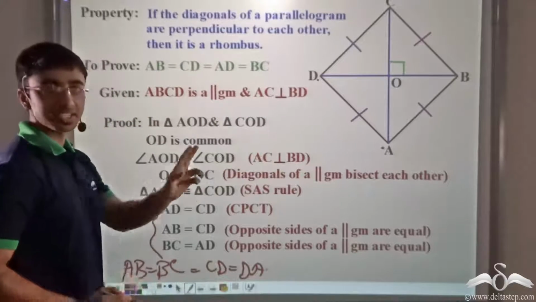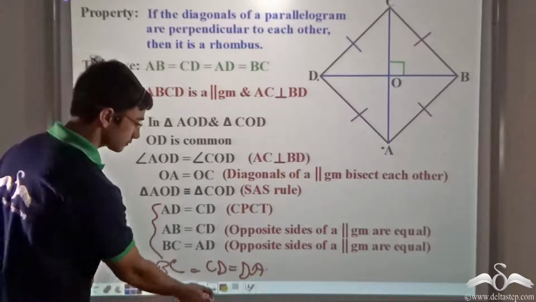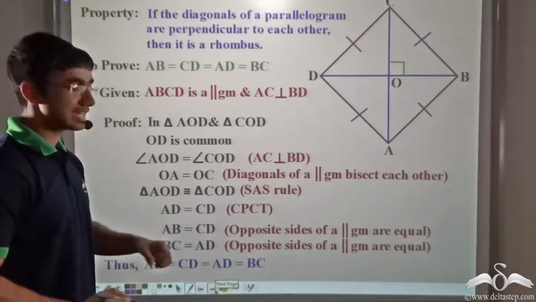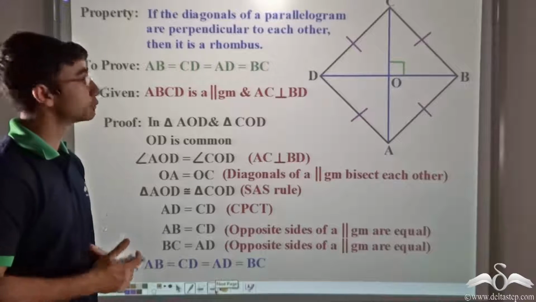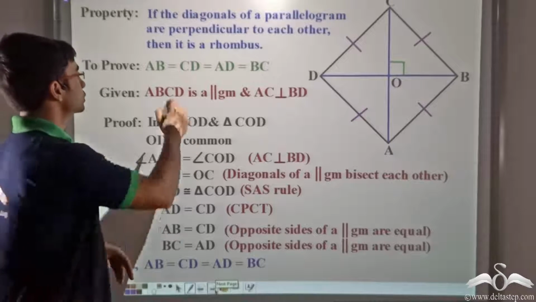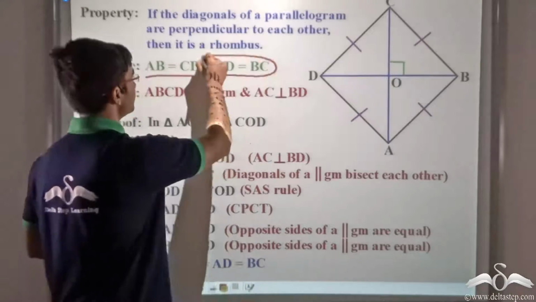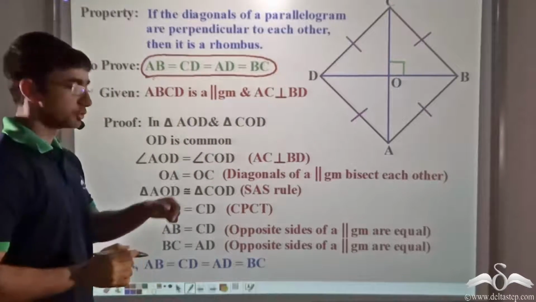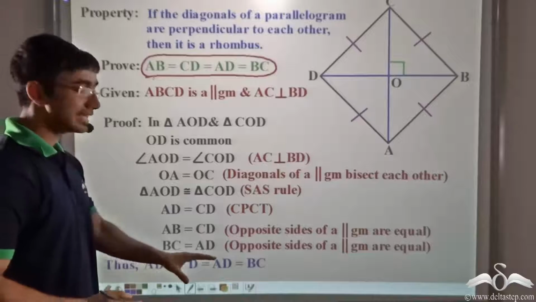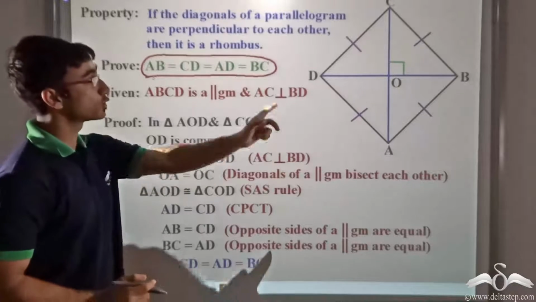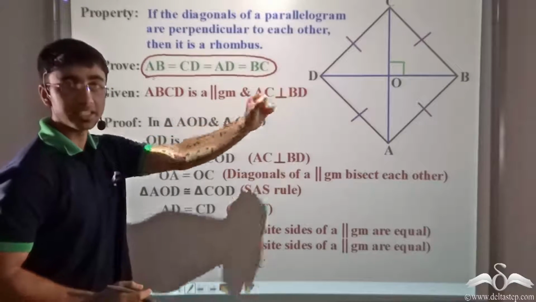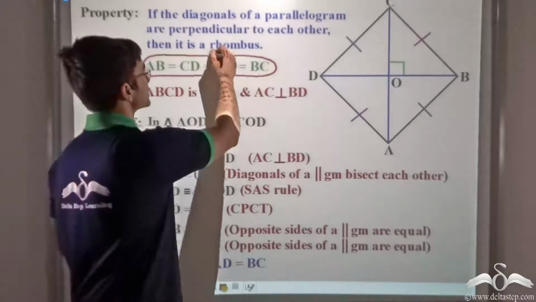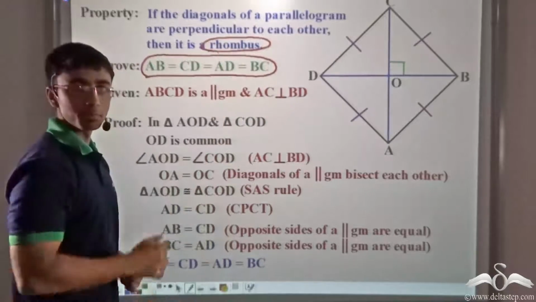That is, all four sides are equal to one another. And this is exactly what I had originally set out to prove. I had originally set out to prove AB equals CD equals AD equals BC. And this is exactly what I have proved, that all four sides in this parallelogram are equal. So in other words, it is a rhombus.